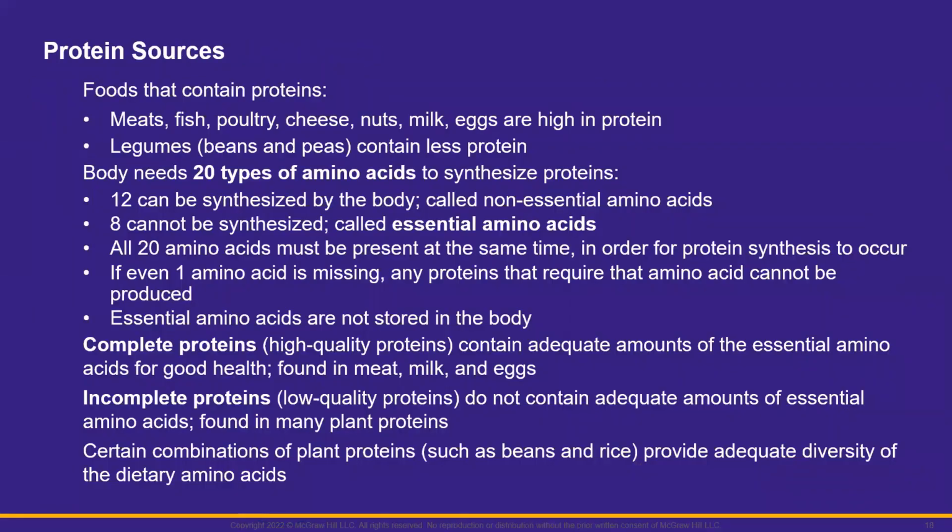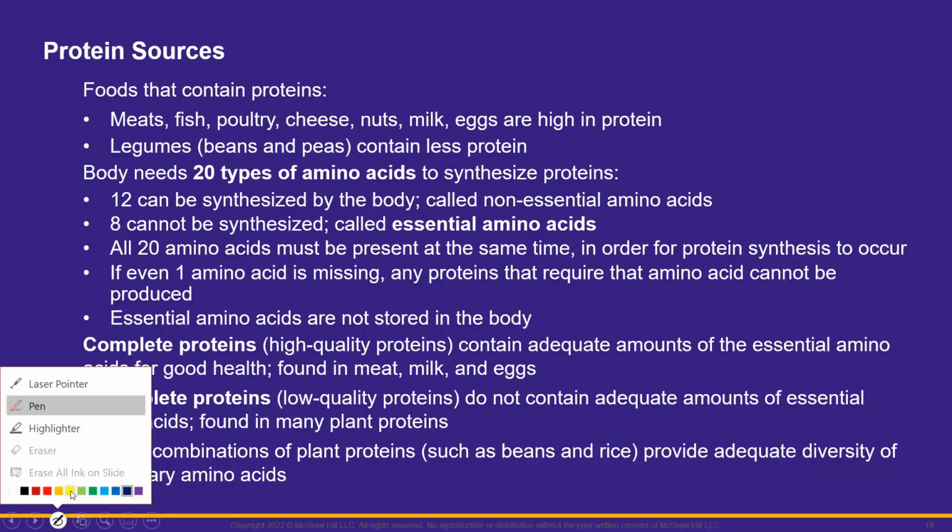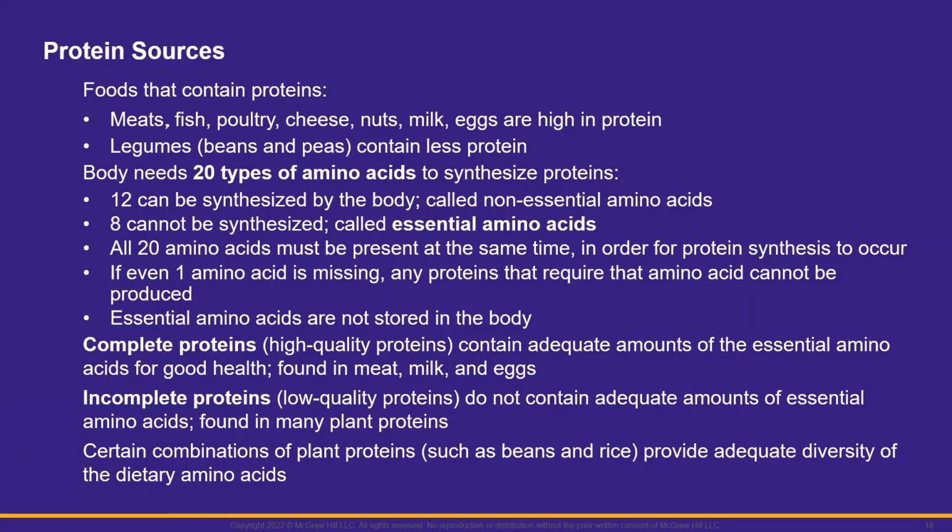The protein sources. Food contains proteins mostly from meat, fish, poultry, cheese, nuts, milk, eggs. They are high in proteins. Legumes like beans and peas also contain some protein.